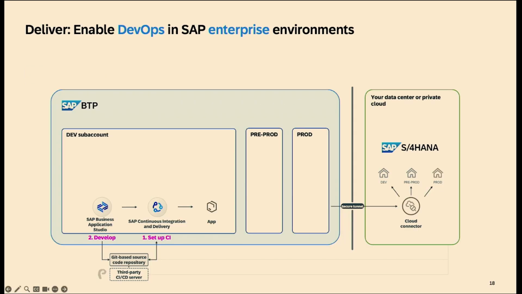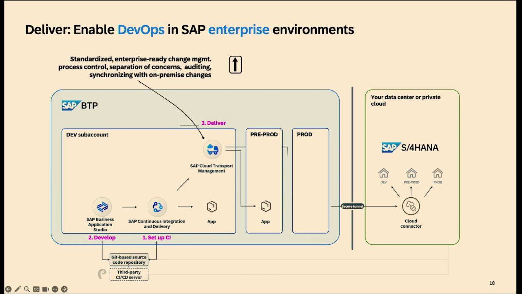So once you have done your testing, it should be automatic testing, then you move to the next part, which is deliver. This is achieved with the Cloud Transport Management, so CTMS, Cloud Transport Management System.